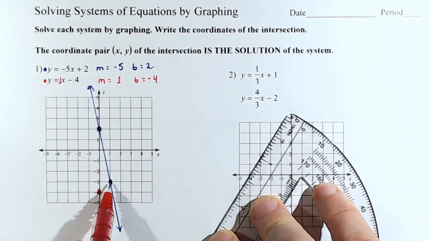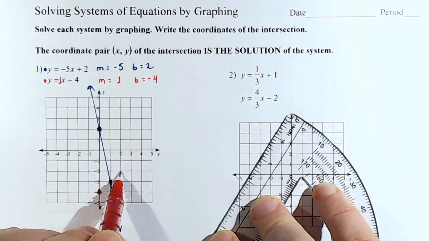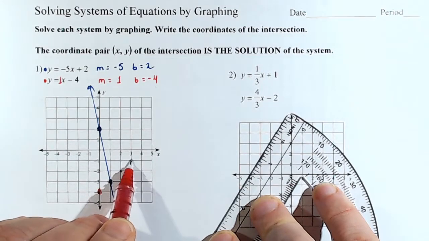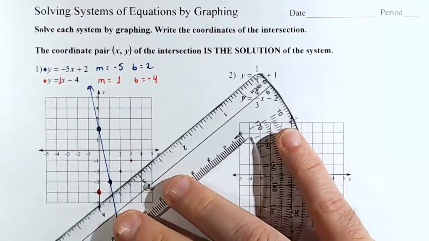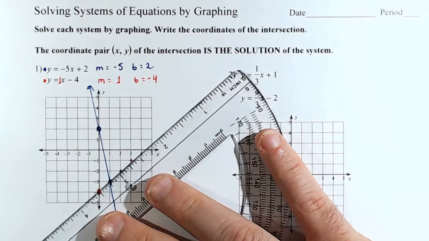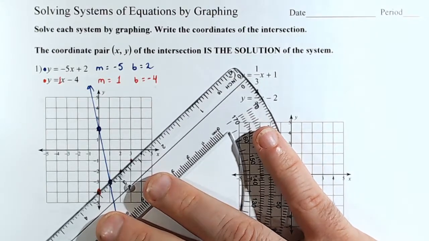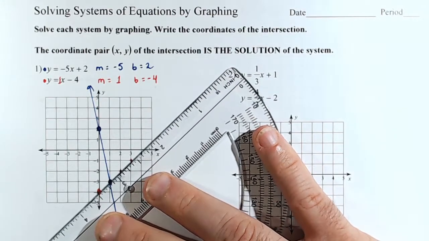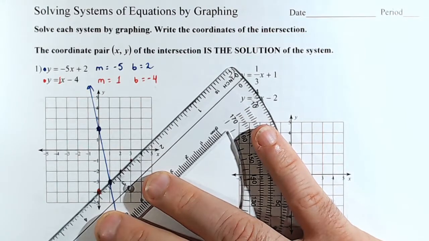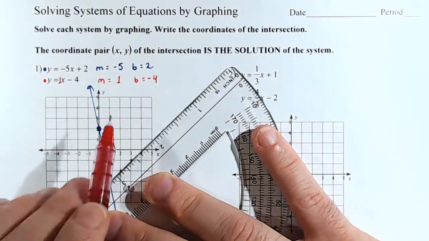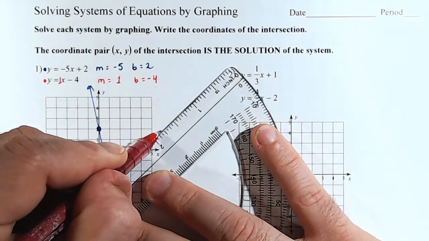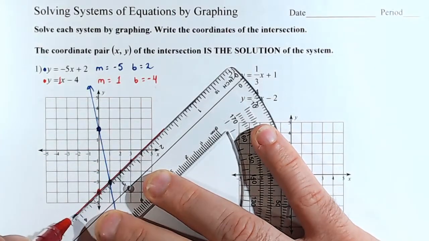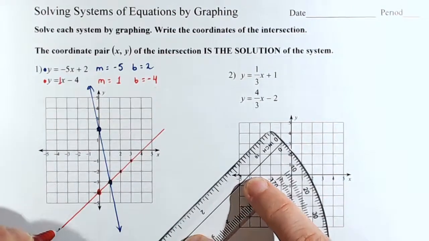Let's start there and go up 1 over 1 again. Okay, now I'm going to connect all those dots. Be real careful. Make sure those little gray lines in the background, that you're going right through the intersection of those lines. Okay? Cool.